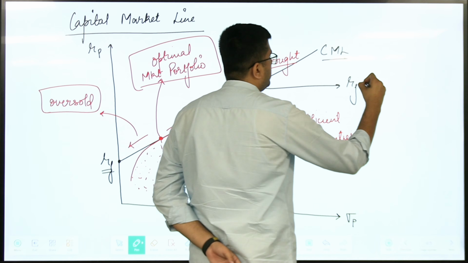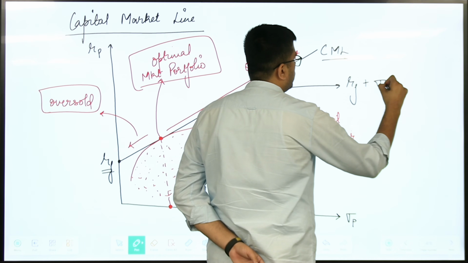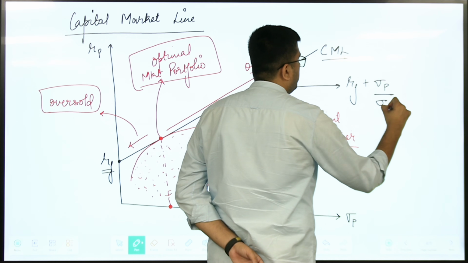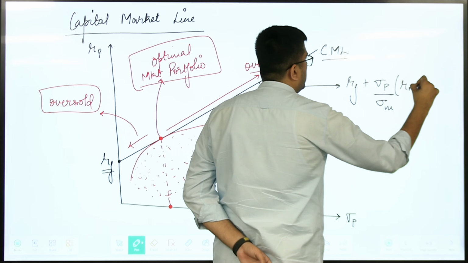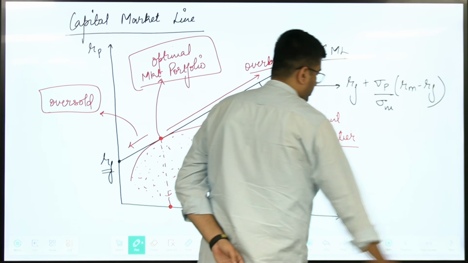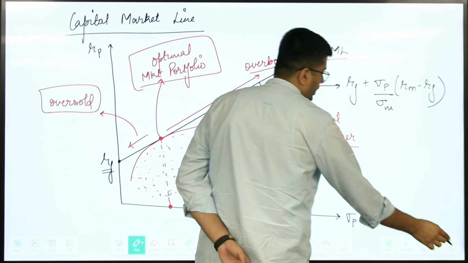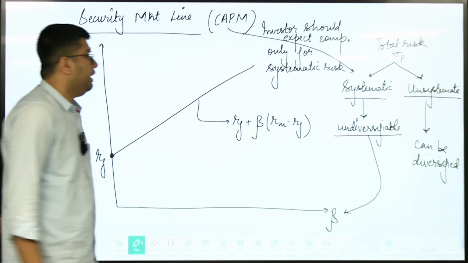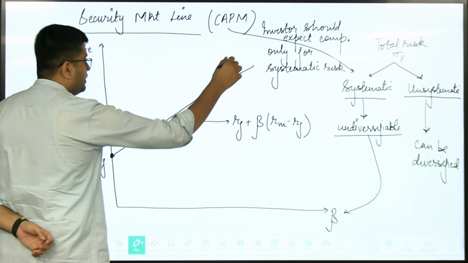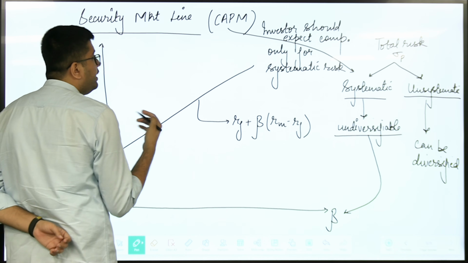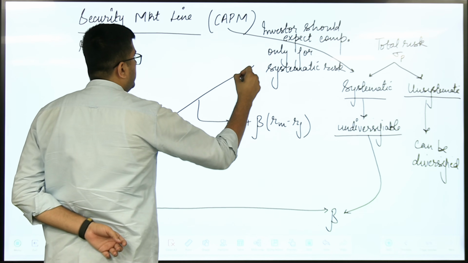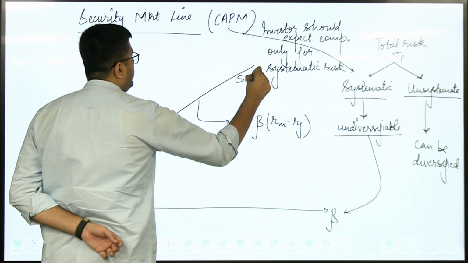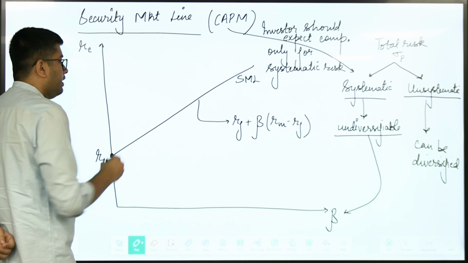This is risk-free rate plus risk of portfolio upon risk of market times (market return minus risk-free rate). So same equation as SML, you just replace beta with total risk. Now, this line represents the ideal return. So this entire line, SML, represents the ideal returns a security should be generating.